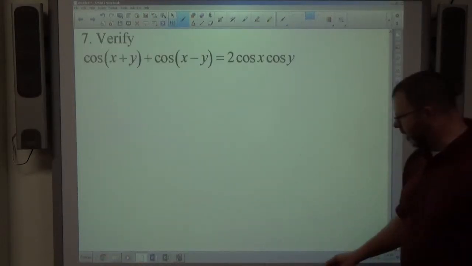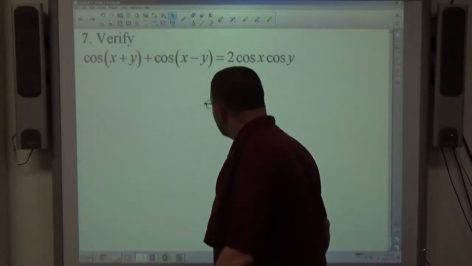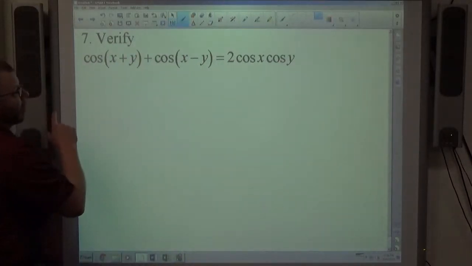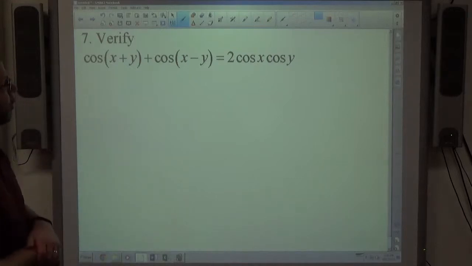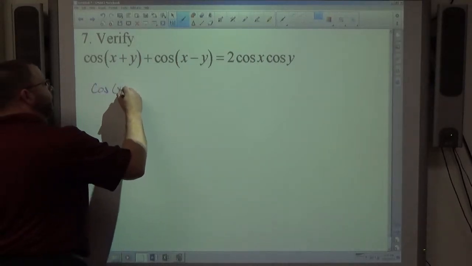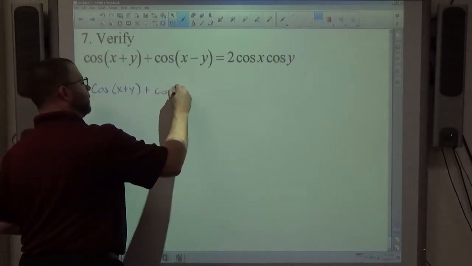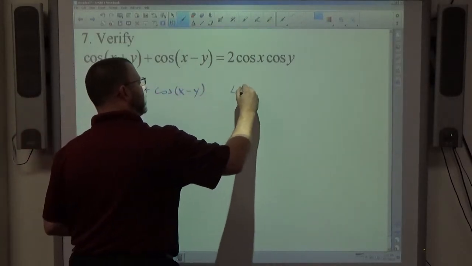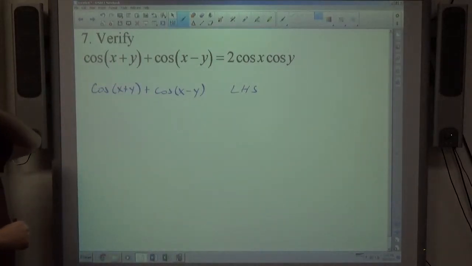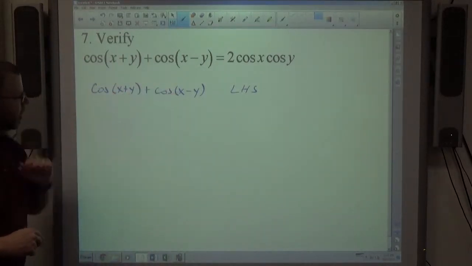Number 7, another verification problem. Cosine of x plus y plus cosine of x minus y sure looks more complicated than 2 cosine of x cosine of y. So I'm going to start on the left-hand side. I notice that both pieces of the left-hand side have that cosine of a sum and difference structure.